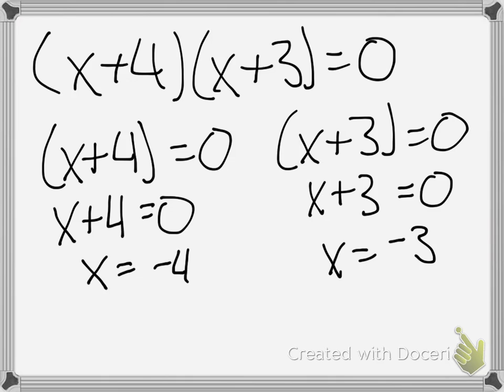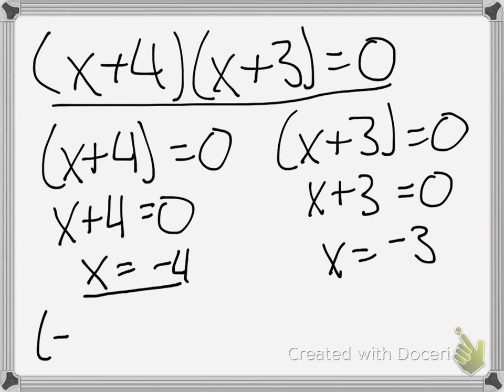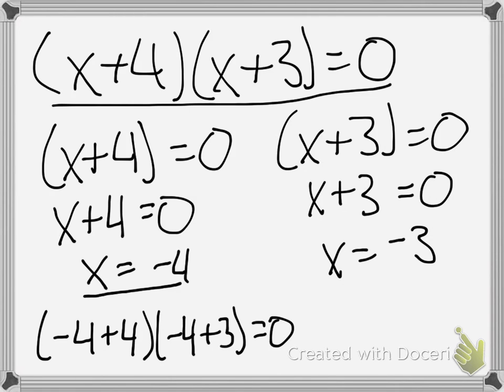I have my two possible values of x that make this equation true. Whenever you solve an equation, you should check and make sure they work. Let's plug x equals negative 4 into our equation. I'll have negative 4 plus 4 times negative 4 plus 3 equals 0.